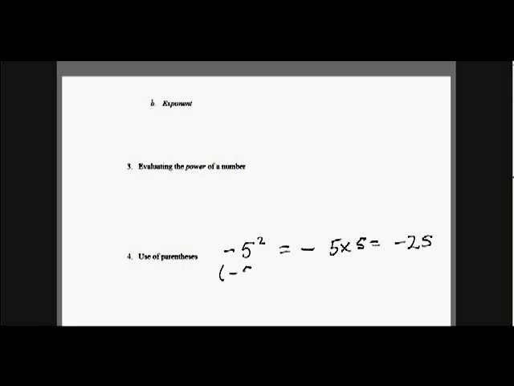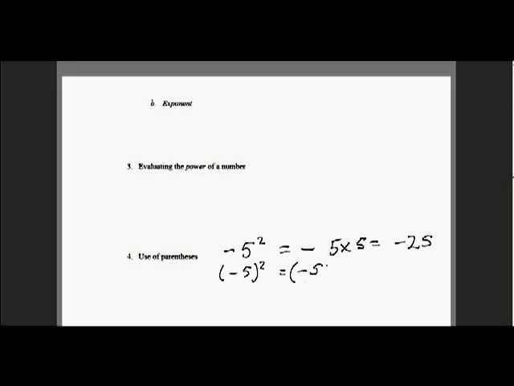I need to write this as (minus 5) to the second power, or (minus 5) squared. This then is minus 5 multiplied by minus 5, and we've learned before that the product of two negative numbers is a positive number. So it's important to distinguish between these two expressions and to understand and apply the use of parentheses where necessary to clarify meaning.